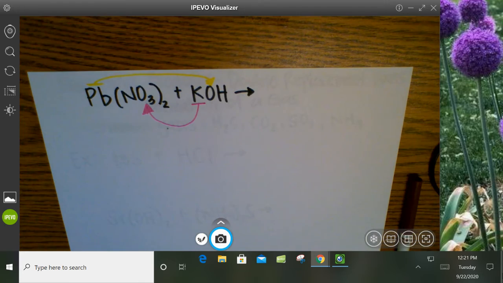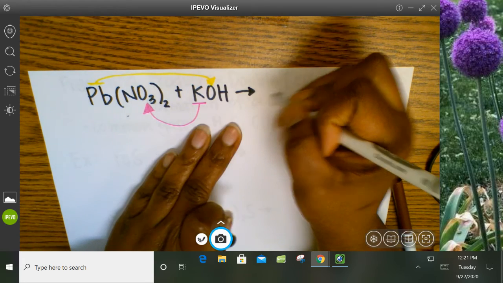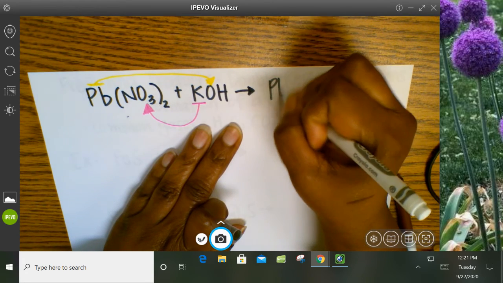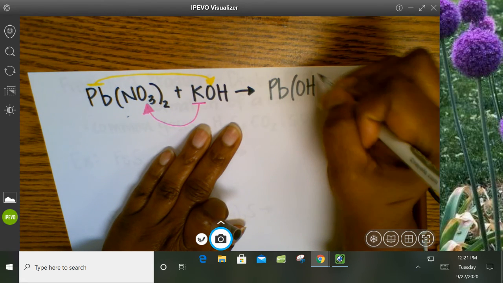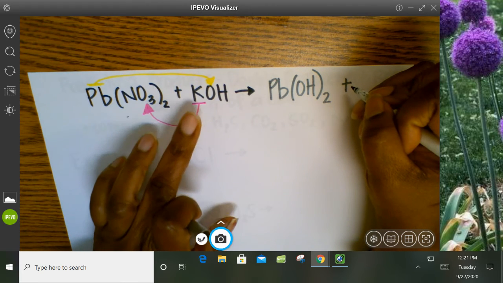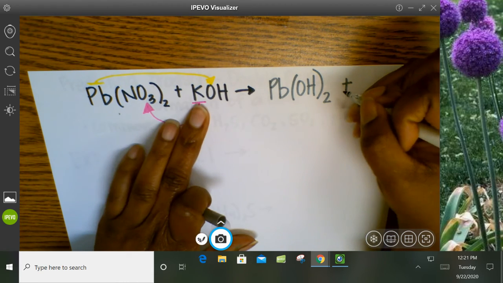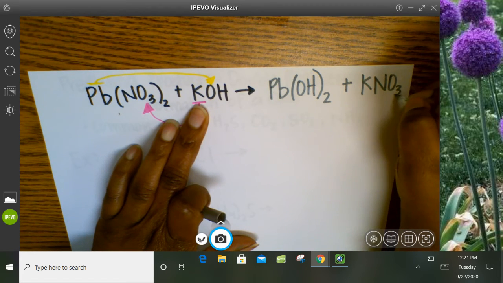Okay. All right, and so our products are going to be lead II hydroxide. So it's going to be Pb with a charge of 2 plus. Hydroxide is OH negative, so I need 2 of them. And then KNO3, because K is positive 1, NO3 is negative 1.